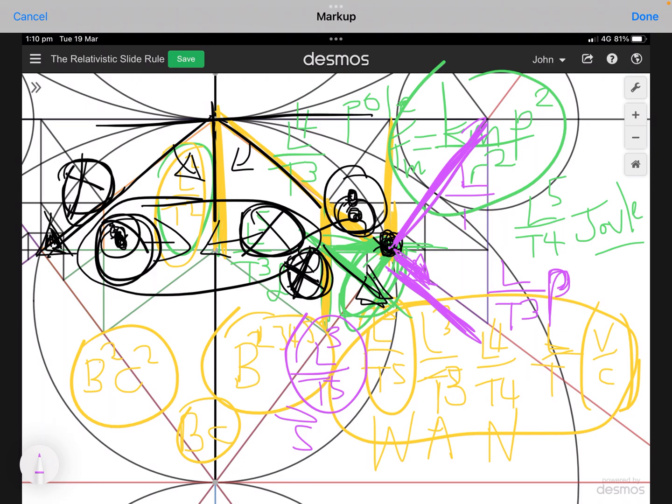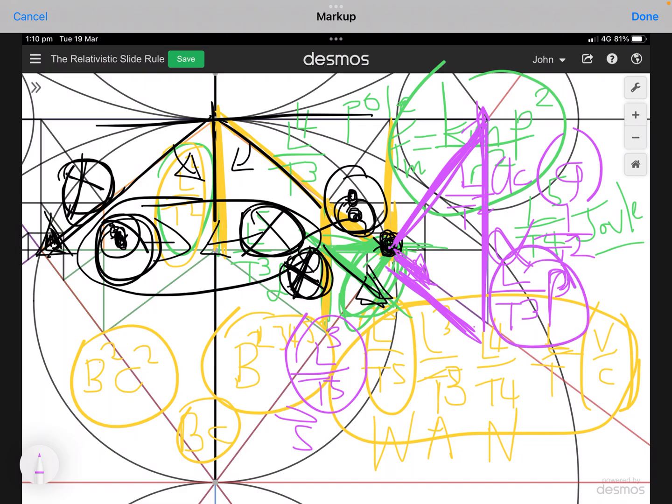3 types of acceleration. You've got L over T squared, that's centripetal acceleration, which we call gravity, and then you've got your proper acceleration, which is down here, which is a curly A, which is 1 over T squared. And then this current density can also be thought of as tangential acceleration.